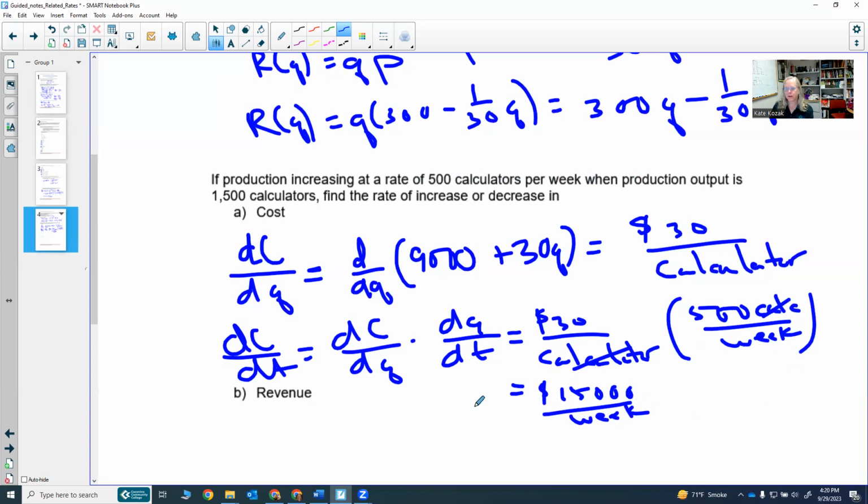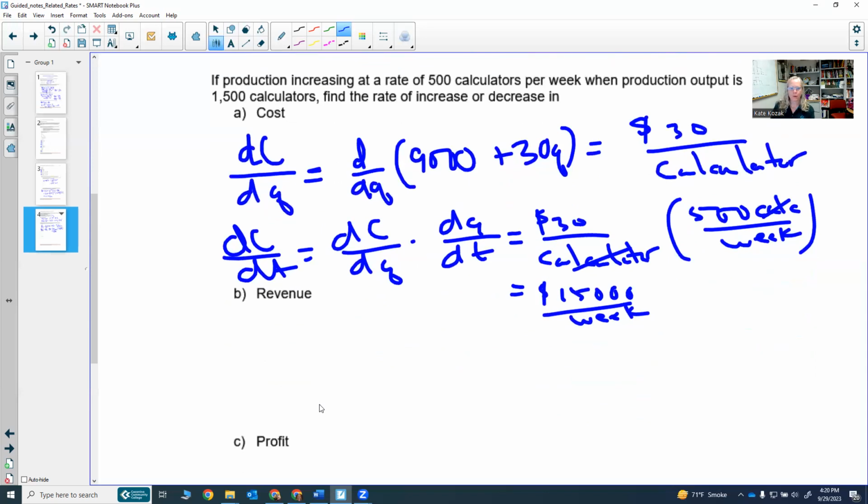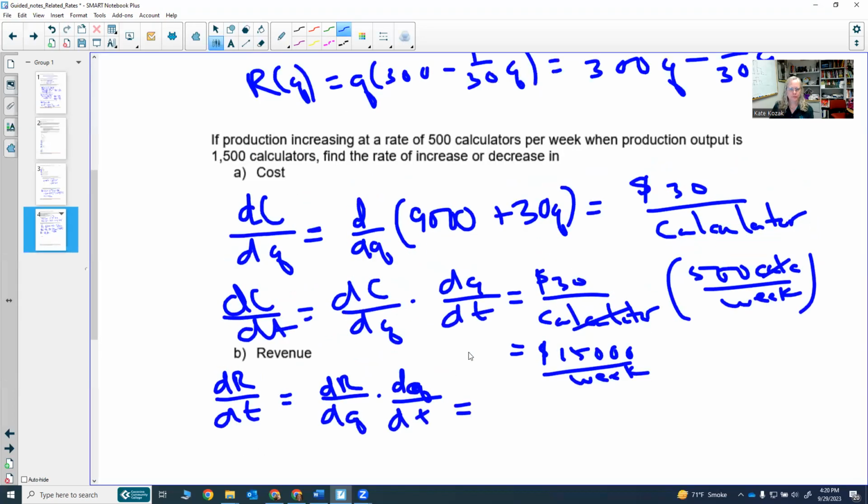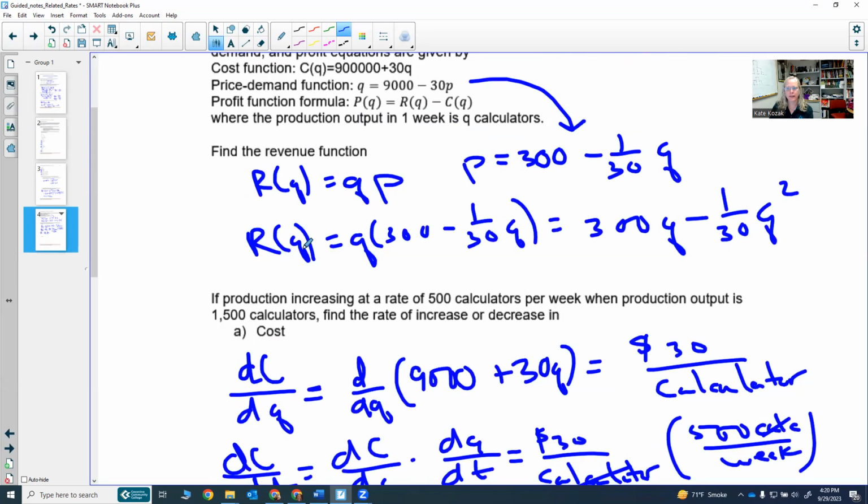We also want to find the revenue. Again, we want to know the rate of change of revenue, so we do want to find out what dR/dt is. Well, dR/dt, same idea, is going to be dR/dQ, because we can find out how R is affected by Q, times dQ/dt. So dR/dQ, we know how R is related.